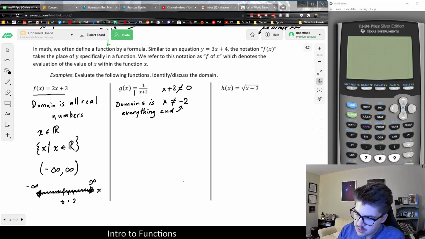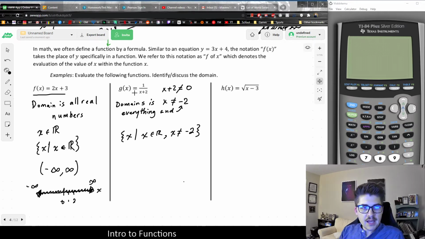If we were trying to use set builder notation, we'd start off with the same thing, the set of values x such that, and you could write it in the same way. x is an element of the reals, but x cannot be equal to -2. A lot of the time the assumption is x is just part of the reals, so sometimes this might just be left off from the set notation, because that's a usual assumption when you're dealing with a lot of types of math.